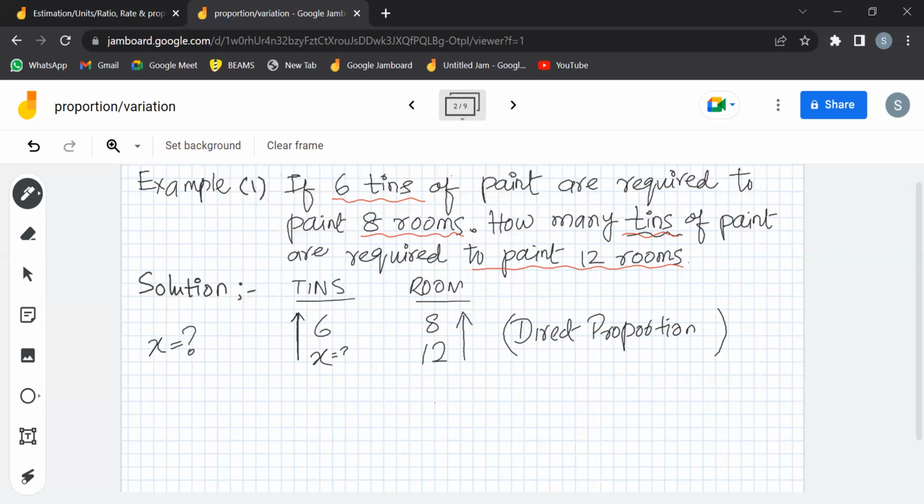Then the next step is very simple. You write the ratio x over 6, just following the direction of the arrows. X over 6 is equal to 12 over 8.